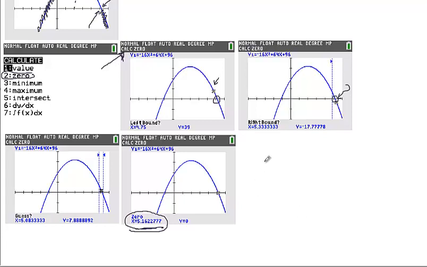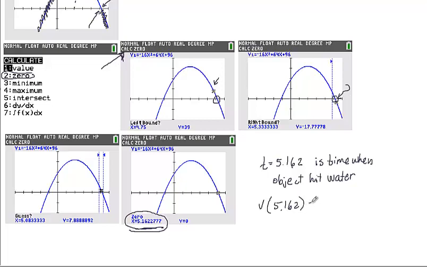So this is t equals 5.162, the time when the object hit the water. But they don't want just the time when it hit the water, they want the velocity when it hit the water. So I need to find the velocity when it hit the water, and then I just plug that into that formula and crunch those values.